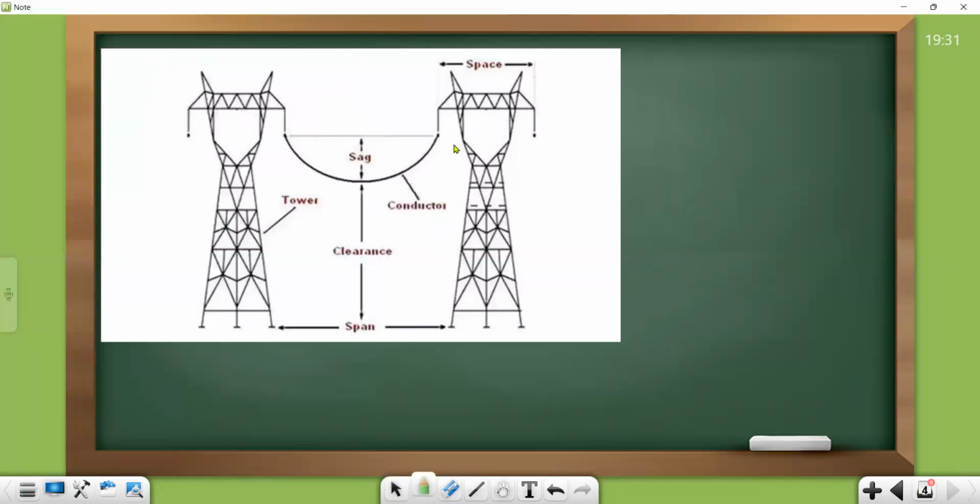This is called sag, the looseness. Ma'am, in summer, if you see, it is going to be like this, not like a slope. Okay.